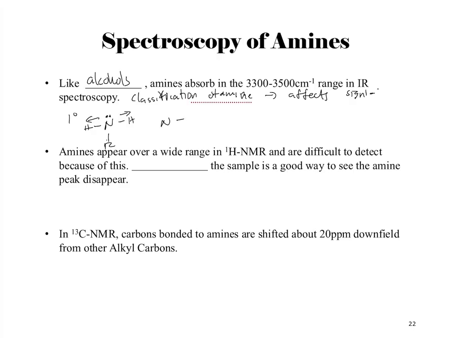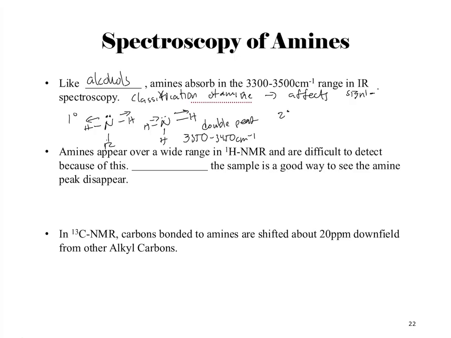And then we also have the asymmetric stretch, where the hydrogens stretch in opposite directions, right? So this gives us a signal around 3350 and 3450 inverse centimeters. We get a double peak because we have both these signals.